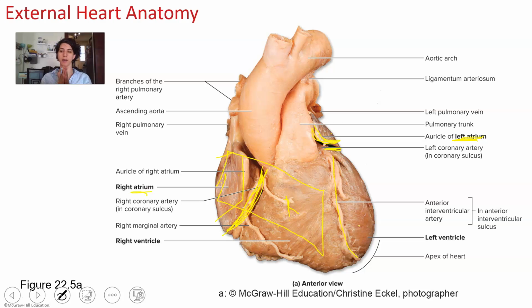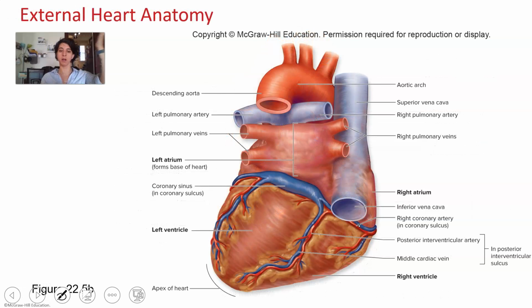So here in the heart, we have an anterior interventricular sulcus, and then if we look at a posterior view, ta-da! You have a posterior interventricular sulcus, and now that you've rotated the heart and we're looking at a posterior view, it is going to separate your right ventricle from your left ventricle. Okay, here is the aortic arch, and now you're getting into the descending aorta on the posterior side.